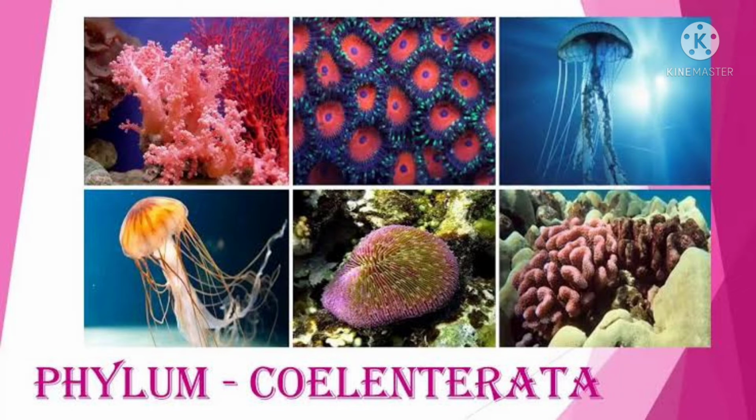One makes up cells on the outside of the body and the other makes the inner lining of the body. Some of these species live in colonies while others live single or solitary. Those living in colonies are called corals, whereas those living singly include hydra, jellyfish, sea anemones, etc.